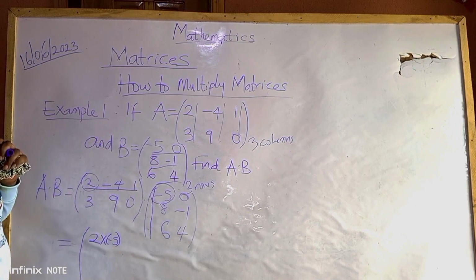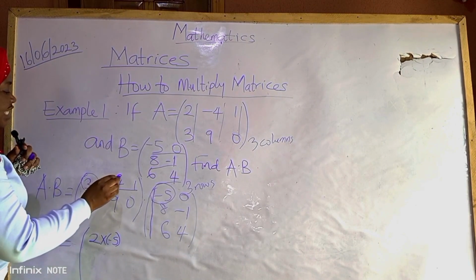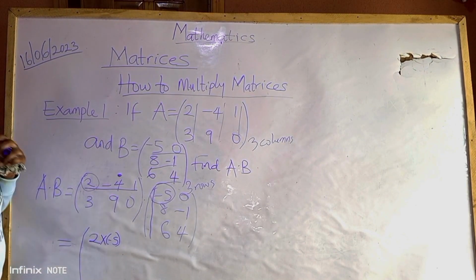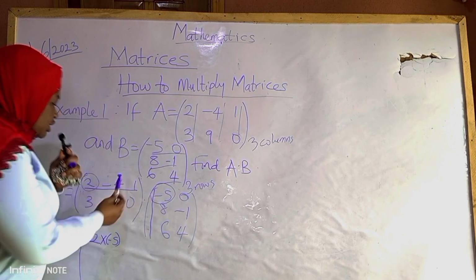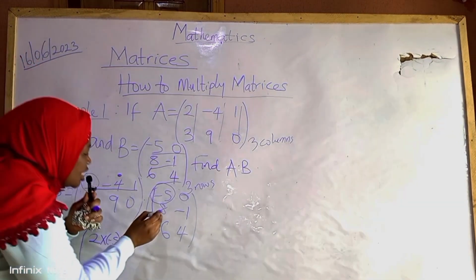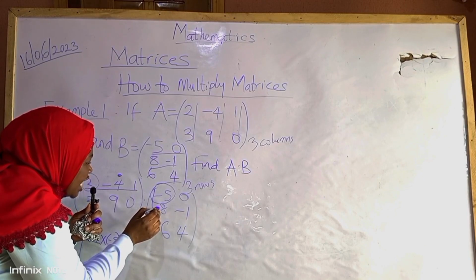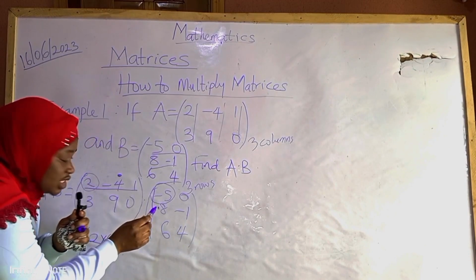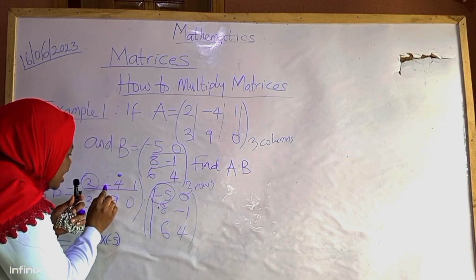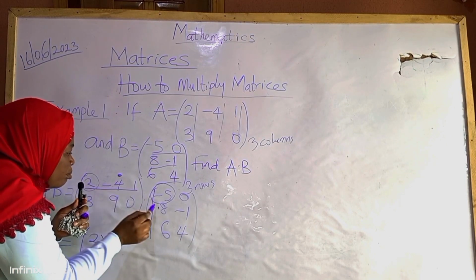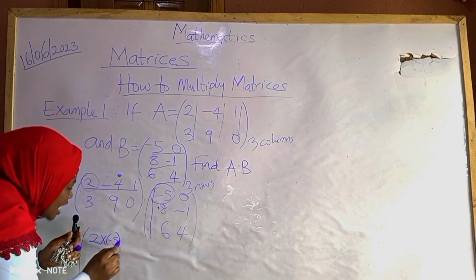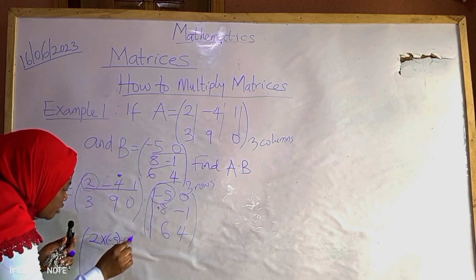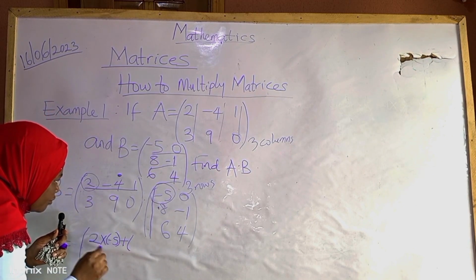The second thing is that I'm multiplying the second element of the first matrix by the second element of the column of the second matrix. I'm multiplying minus 4 by 8, and I'm adding it to the first operation I've already performed.